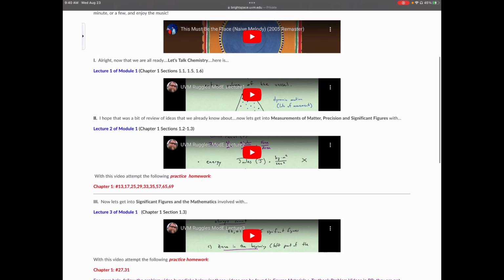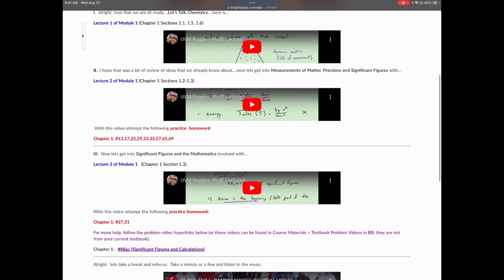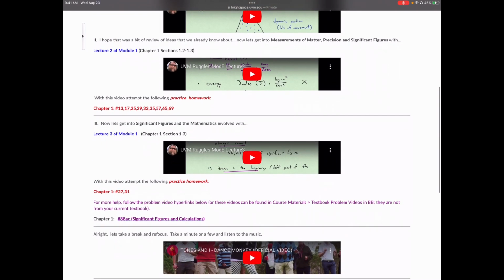If we look down below the videos, in terms of part 2, we see that we have chapter 1 homework in red. So those are the homework problems I want us to do within the back of the chapter in the textbook. These are all textbook driven questions. It's very different than Alex, and we'll talk about Alex later. And then these are all the videos that we see for this particular module.